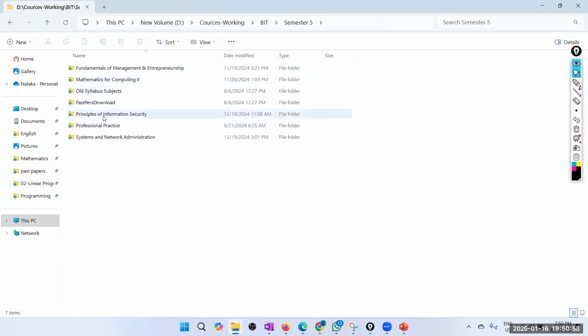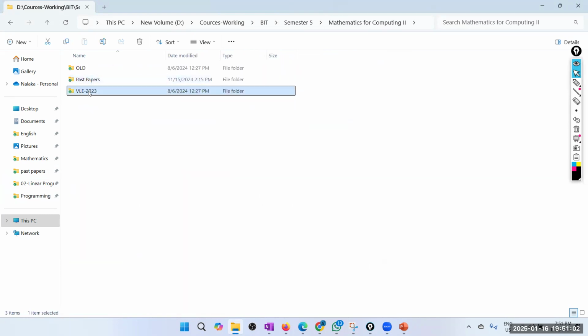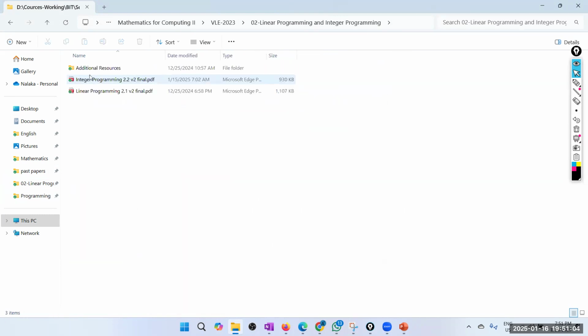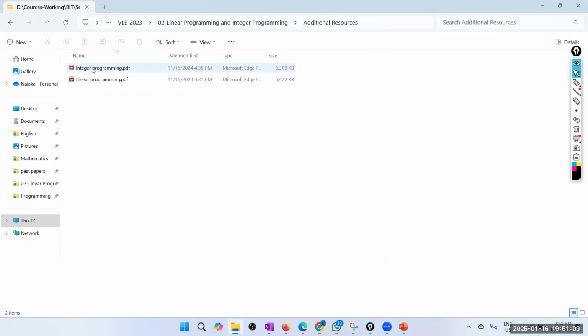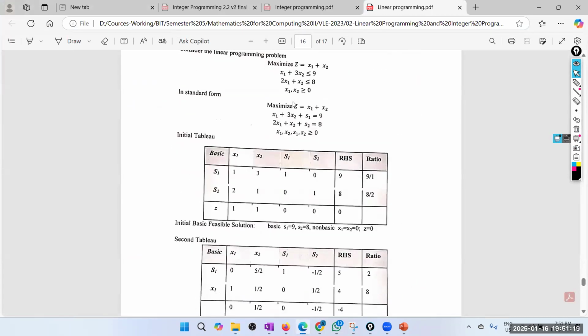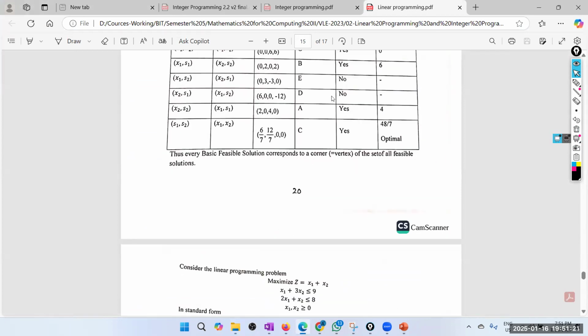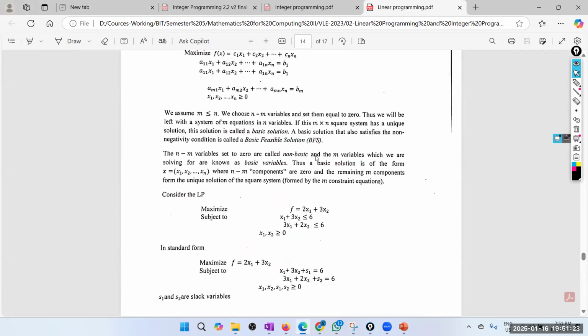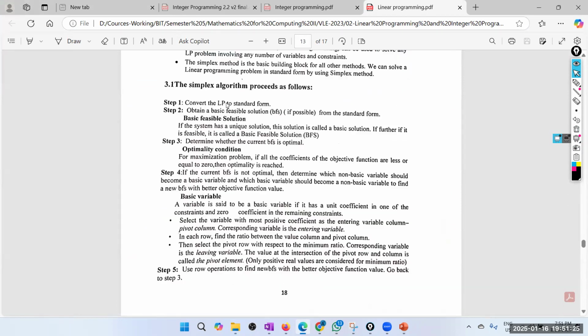Semester 5, mathematics, VLE. Right. So these are your UCSC notes. Then there's an additional resource for linear programming and integer programming. So those are the relevant chapters. There they have explained the simplex method also. You can see this is the simplex method. So this simplex table. Okay. Simplex method.